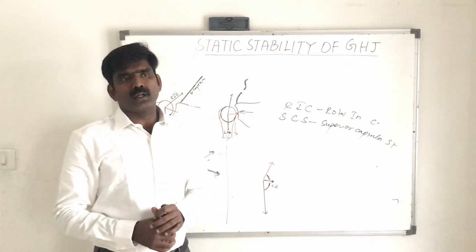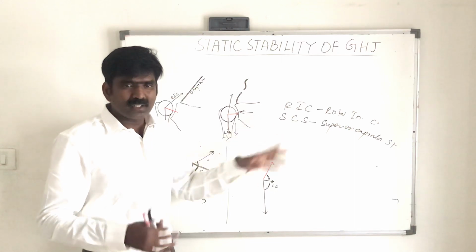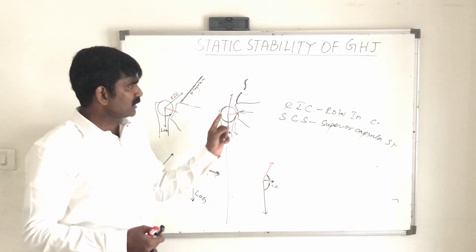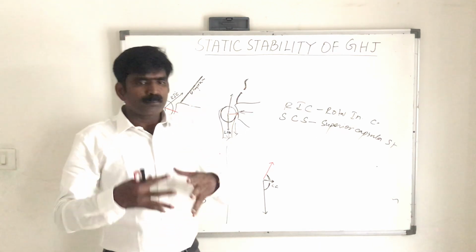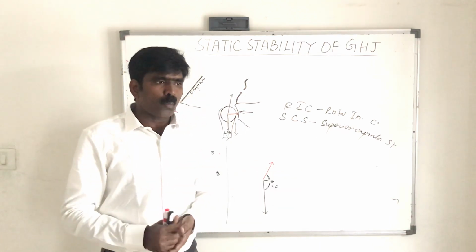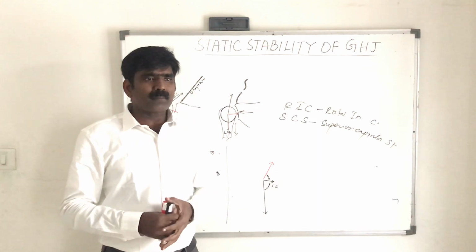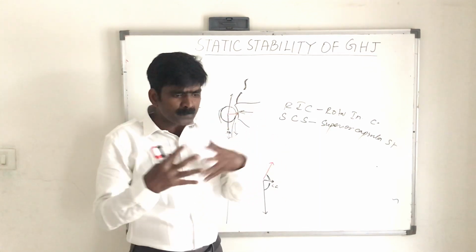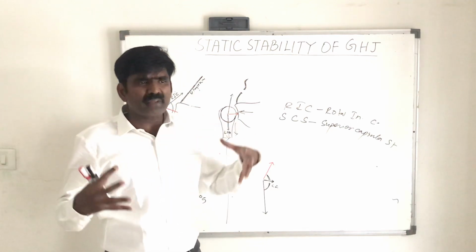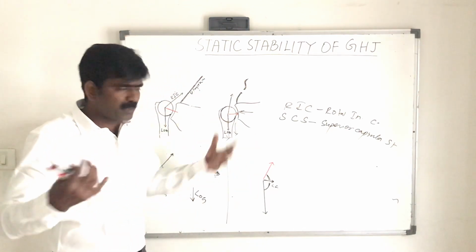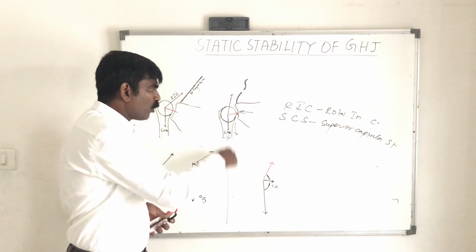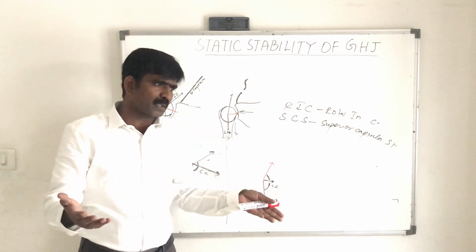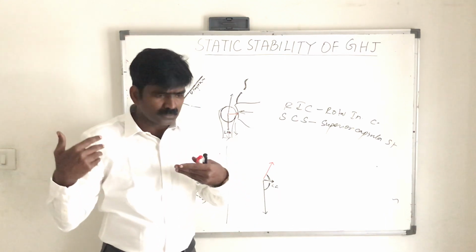Because the optimal posture is not maintained, there is overload on the RIC, the rotator interval capsule, and it is stretched more. When it is stretched more, plasticity develops within the structure, and the joint becomes unstable. So it results in downward subluxation of the glenohumeral joint, or the shoulder joint.